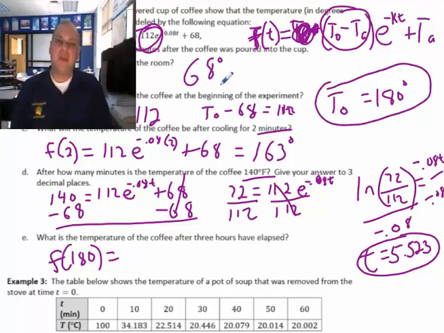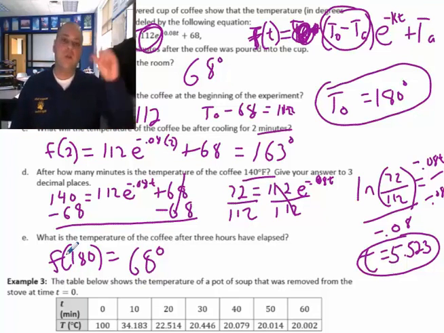Guess what's going to happen to that cup of coffee after 3 hours? It's going to be room temperature, so this is going to be 68 degrees. I don't even have to do it. If you want to do it, you put the 180 in for t, and you can tell it's going to be 68.